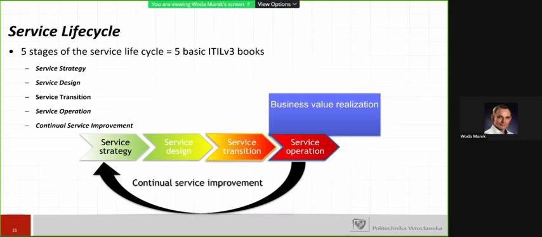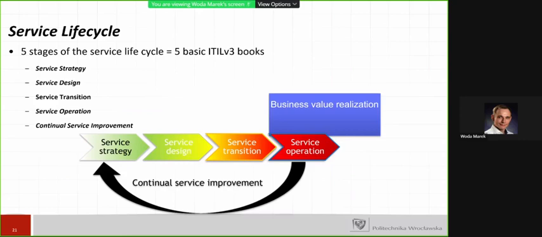And then we will create a moment before we provide that service, that is a service transition. So from the conceptual phase into practice, so into the service operation.